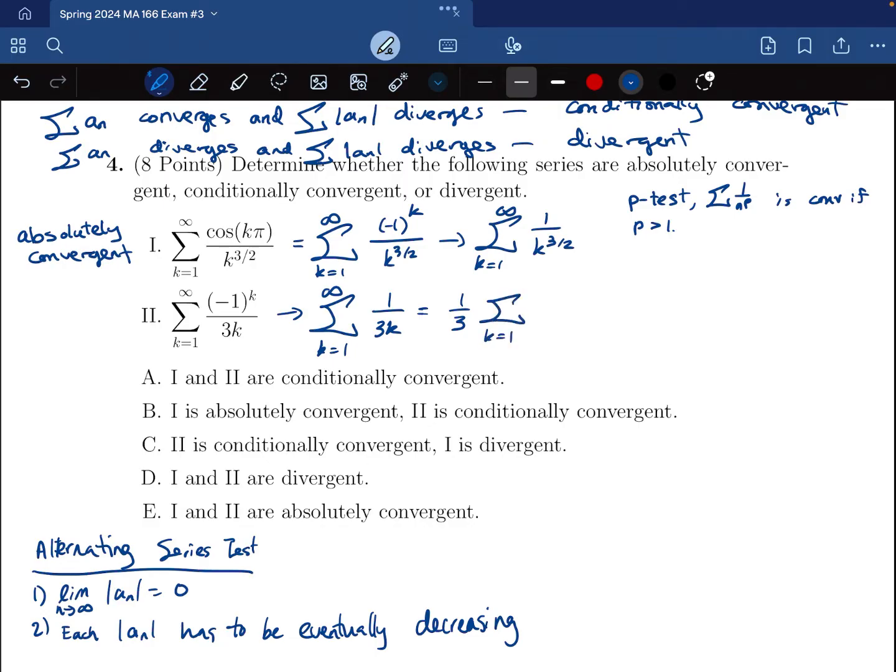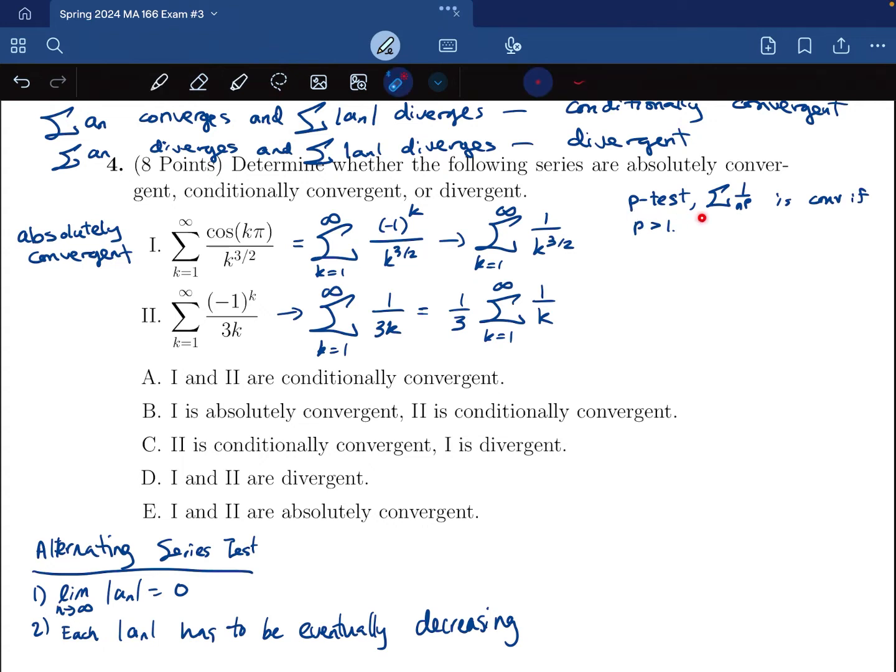I can factor it out, and I'm left with this expression over here. And so now, since 1/3 is a constant, we can ignore it, and we just have to determine whether this series over here is convergent. And since we have 1 over k, we can use the p-test again.